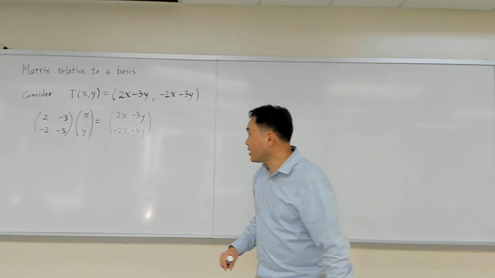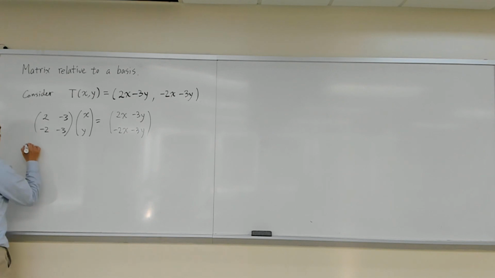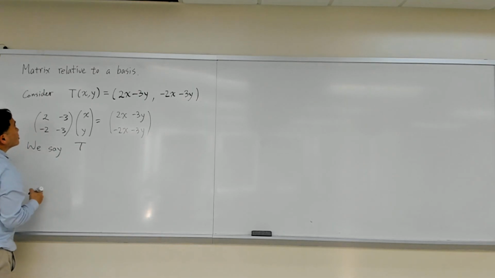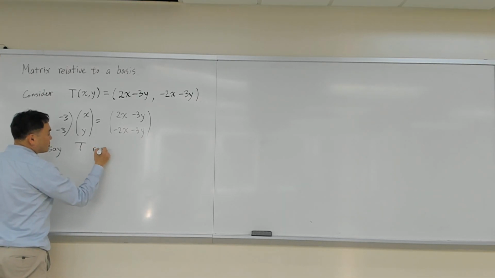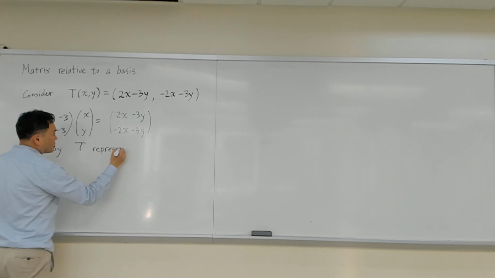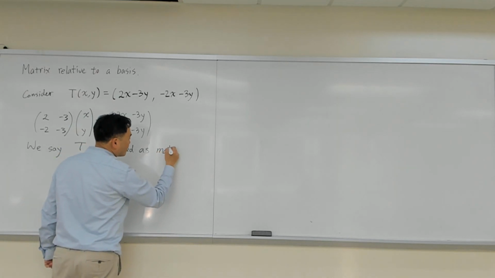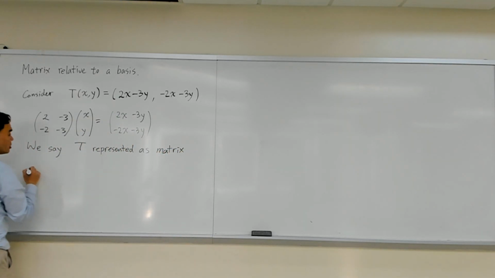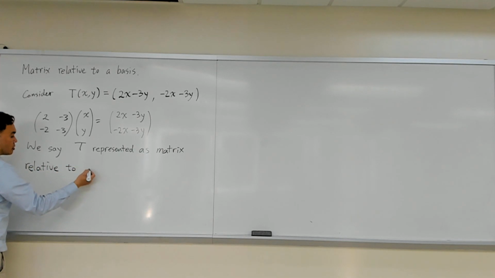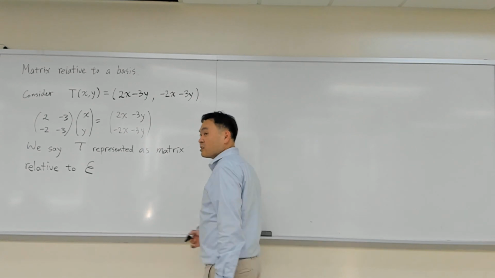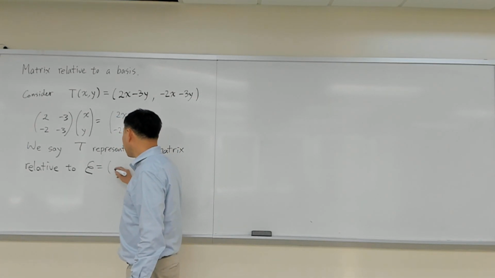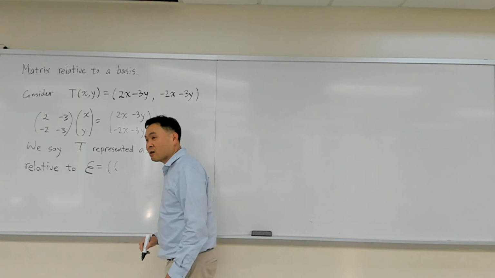And in such a case, we say T is represented as a matrix relative to basis E. E is going to be our standard notation for the standard basis for R2 or R3 or in general Rn.